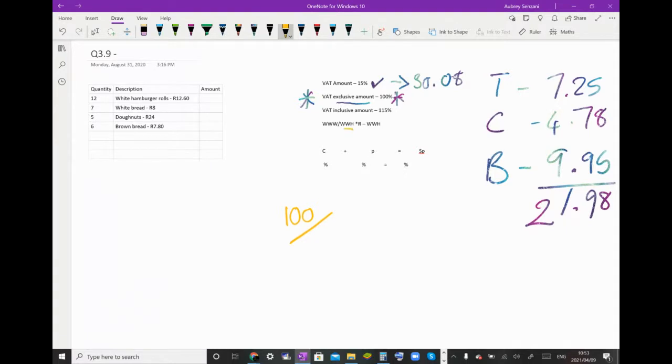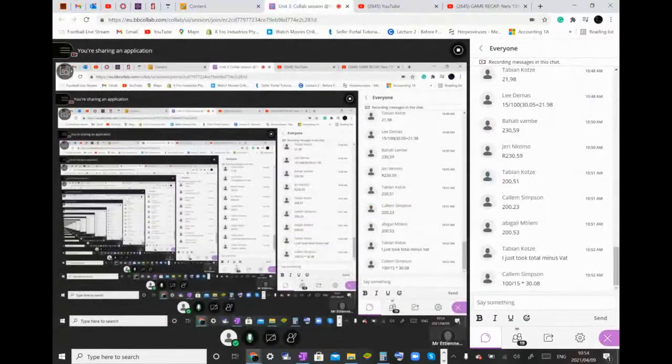What I have is the VAT percentage, which is 15, times the VAT amount, Rand value, which is 30 Rand and 08 cents. And when you times those two, you should then get the amount exclusive of VAT, which I believe is 200 and something that you guys were getting.